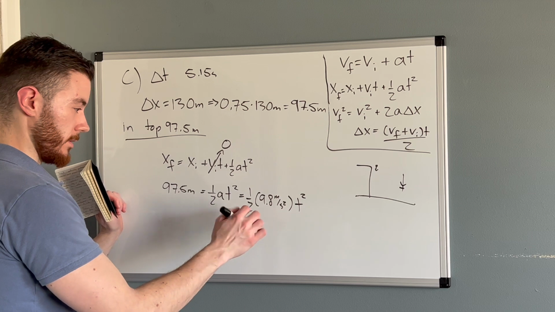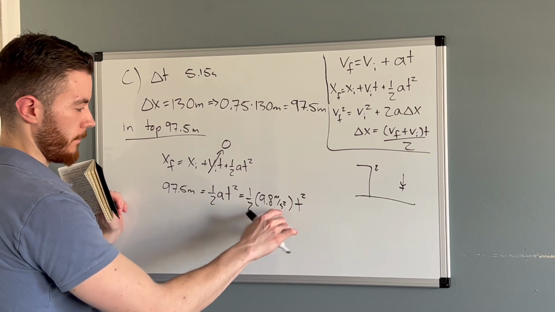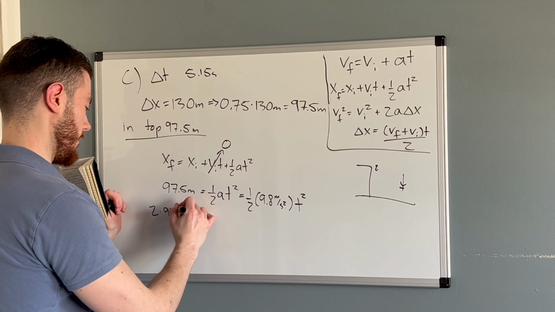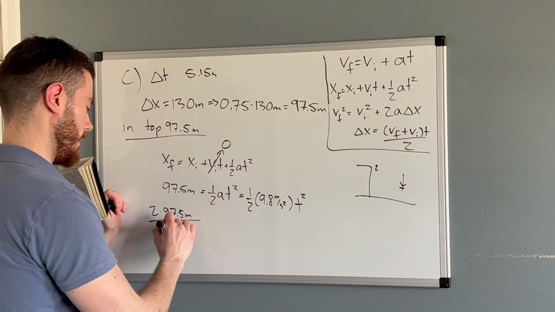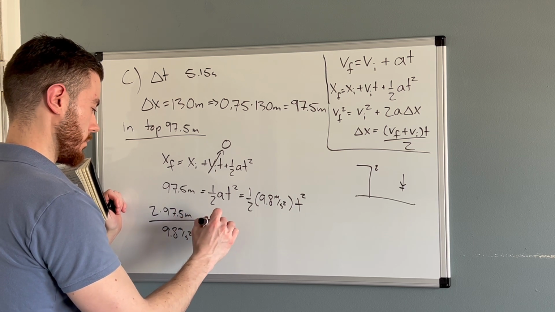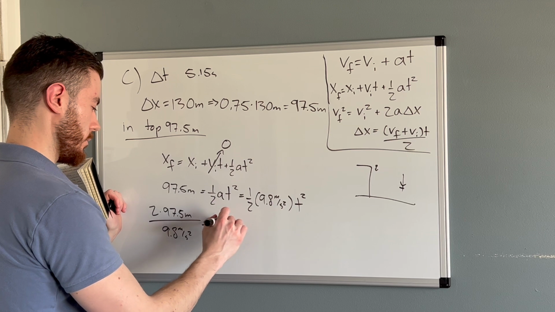Multiply both sides by 2 and divide both sides by 9.8. So we get 2 times 97.5 meters divided by 9.8 meters per second squared is equal to t squared.